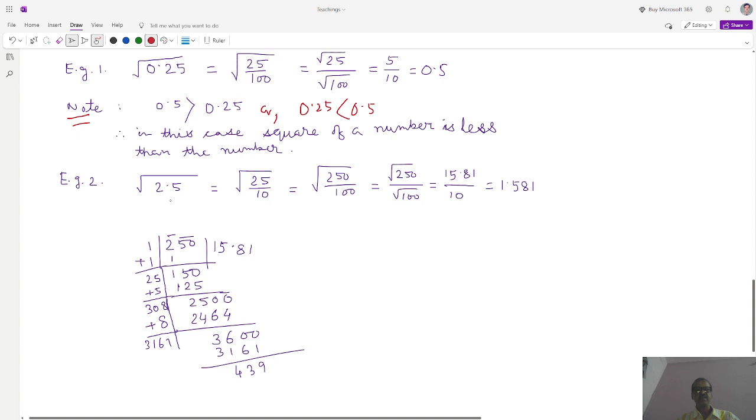In this case, if we find out root over 25, then easily we can say that root over 25 is 5. And if we find the root over 10, then we will get the root over 10, but the denominator will be in fractions.